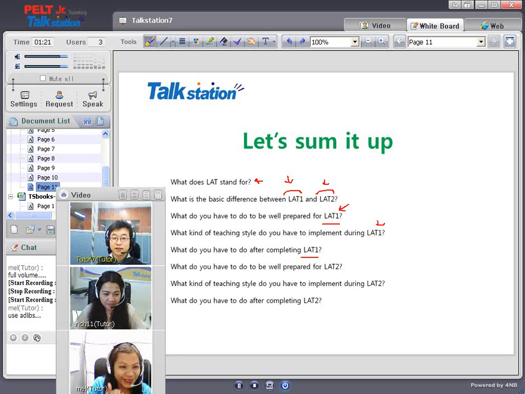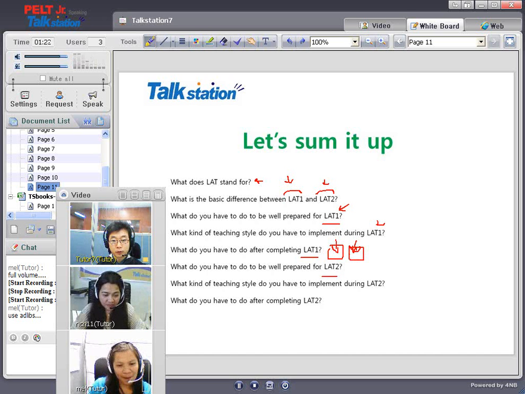Regarding the student. Level, and then proficiency, sir. That could be included in the level assessment. And one more important thing, book recommendation, right? Yes, sir. Exactly. Okay.